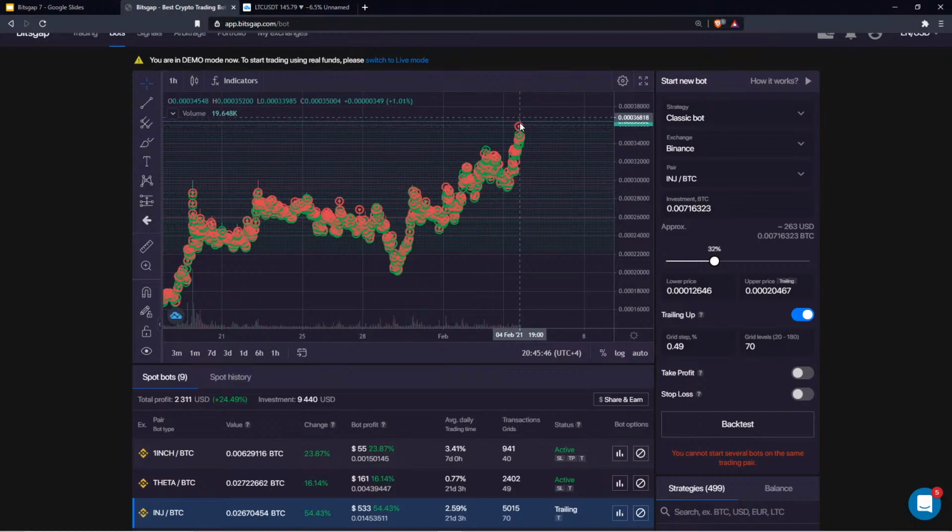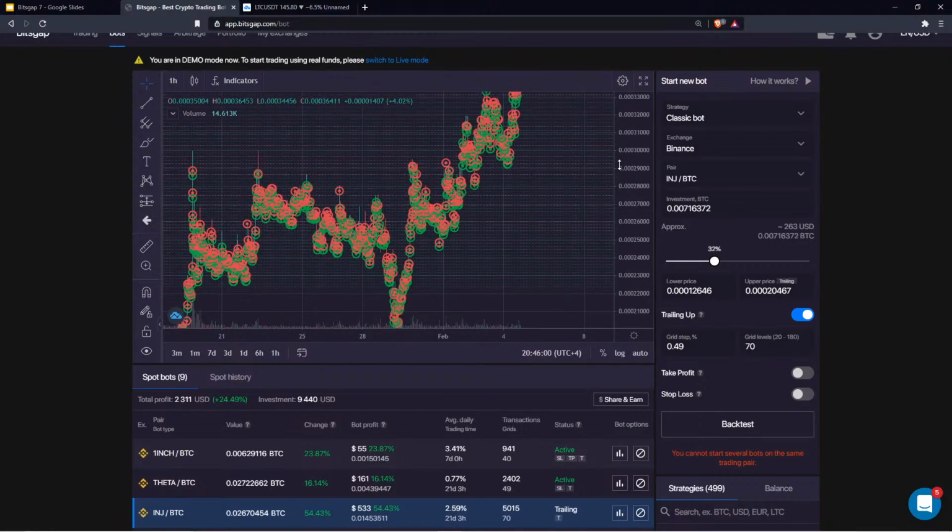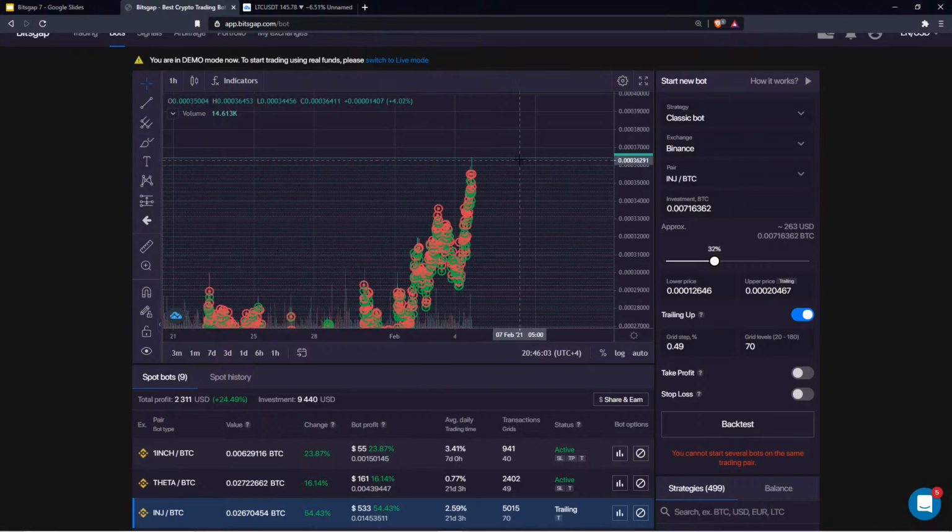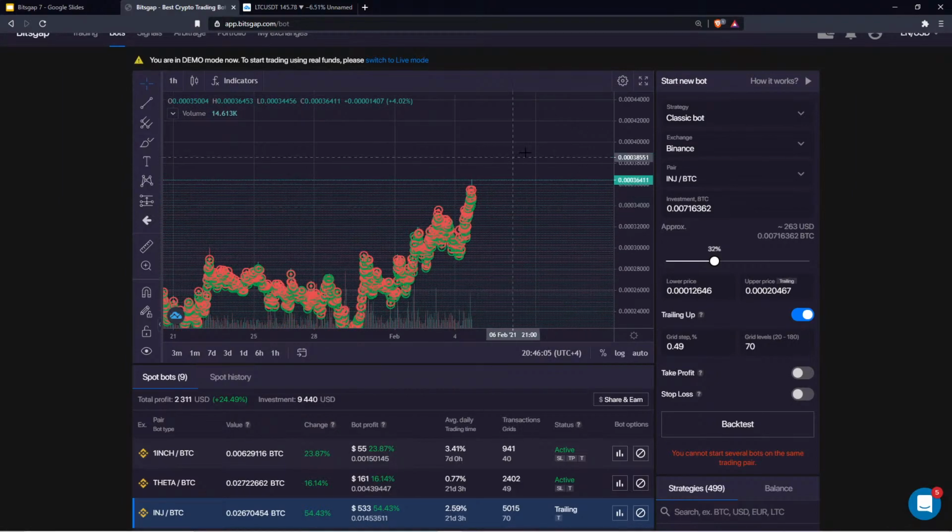Now you see that the price has breached the upper limit price, and that's why I have the trading status, because the trading range started to follow the market rally. So if you zoom in, then you will see that now the trading range is moving together with the rising price.